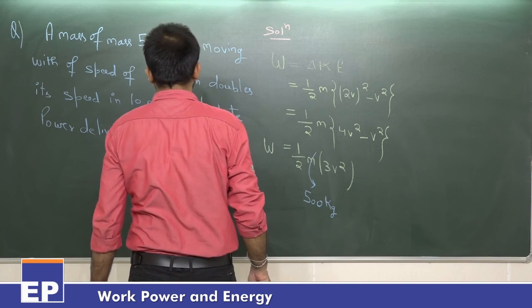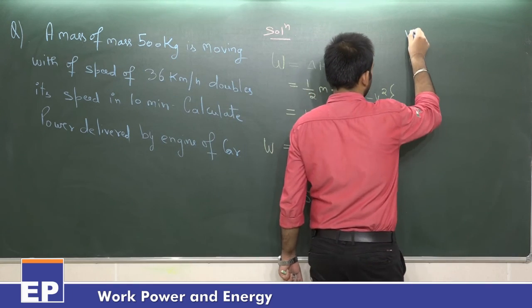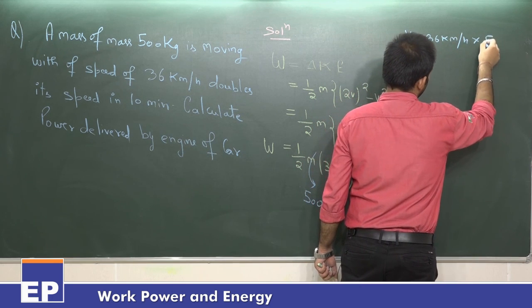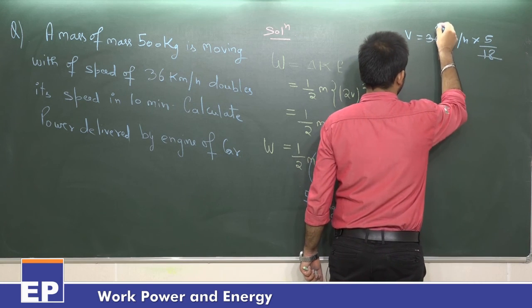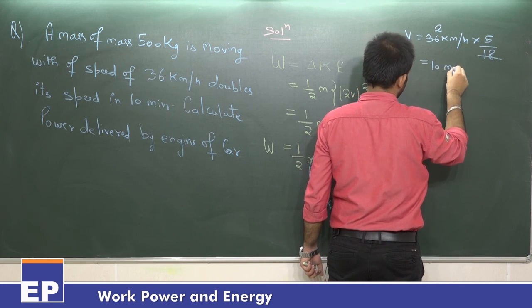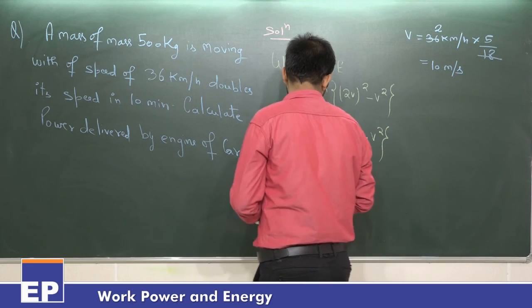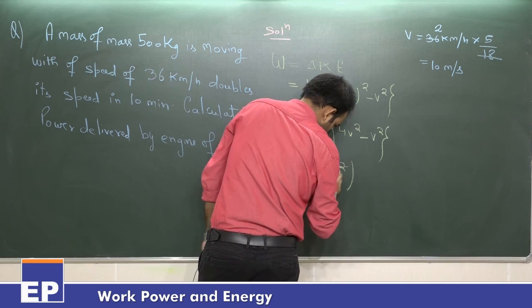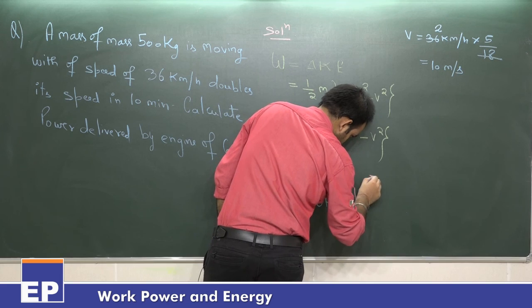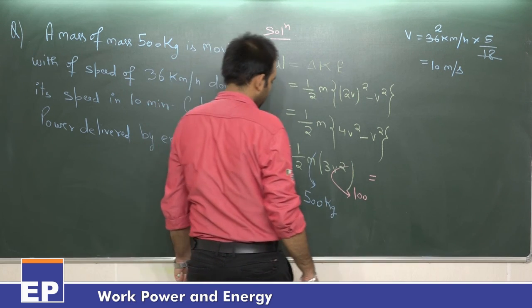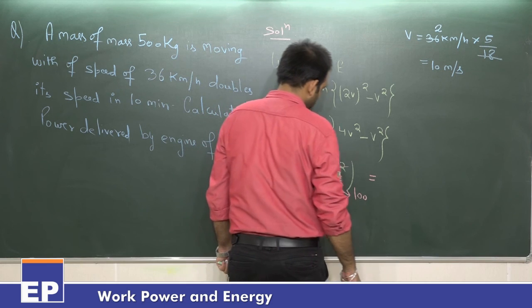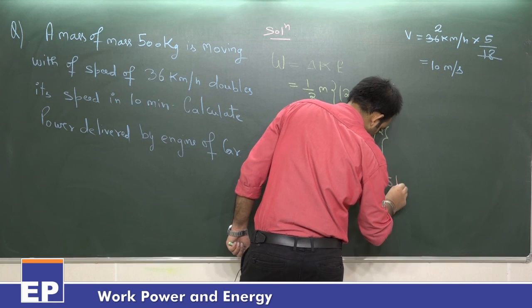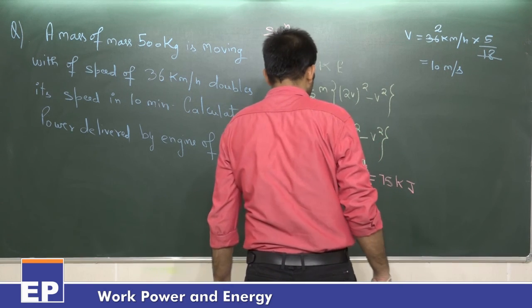And what is v square? V is 36 km per hour, into 5/18, that is 10 meter per second. v square is 100. So it will become 300 by 2, 150. 150 into 500, 75 kilojoule. So work done is 75 kilojoule.